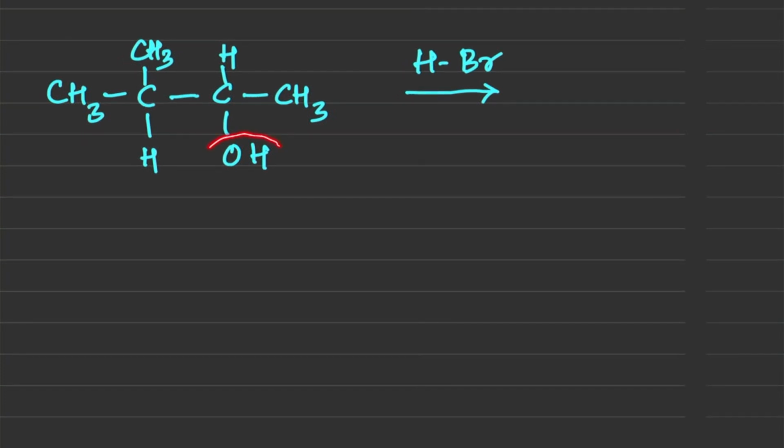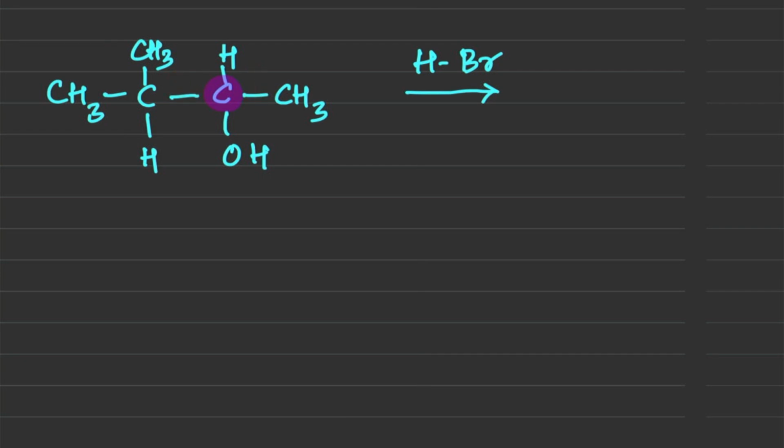Well, the way we can determine is by looking at the carbon atom that is connected to the OH group. In this case, the carbon atom connected to the OH group is this one. Then we look at how many other carbon atoms it is connected to. In this case, it's connected to one on the right and another one to the left.